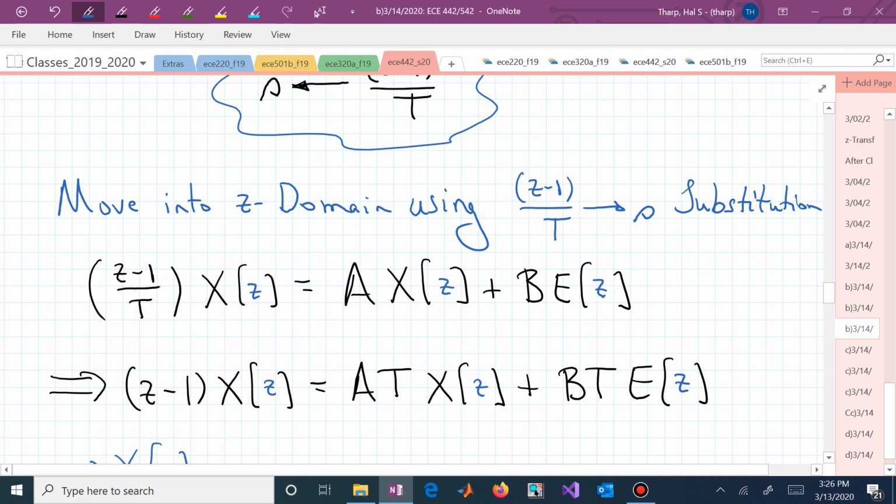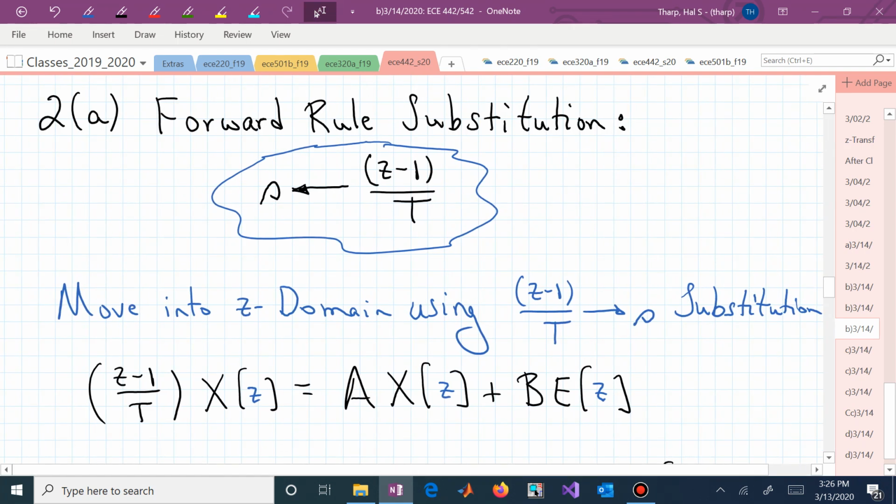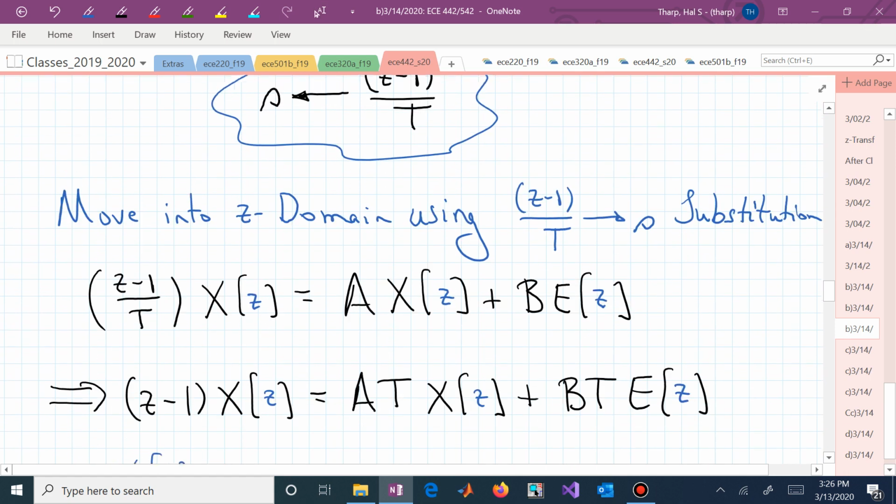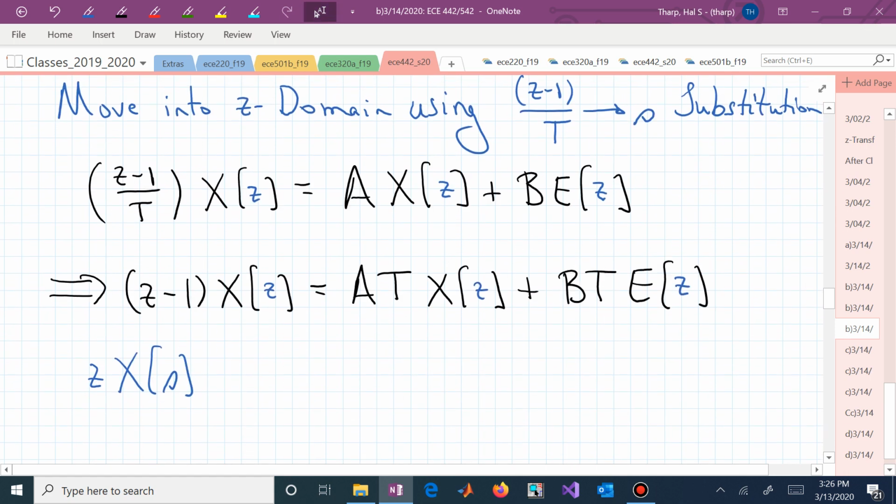Sorry about that. Now we've gotten rid of all the s's and replaced them with z. Remember, the only s that we needed to substitute with z minus 1 over T was the operator s and not the argument of s inside the bracketed expressions. So now we have an expression for X of z in terms of E of z.